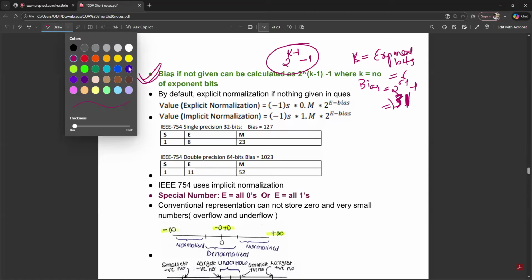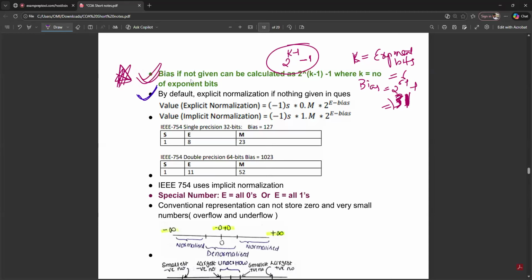Now next point, by default, if nothing is given in the question, you have to use explicit normalization. These two are the formulas for explicit normalization and implicit normalization.